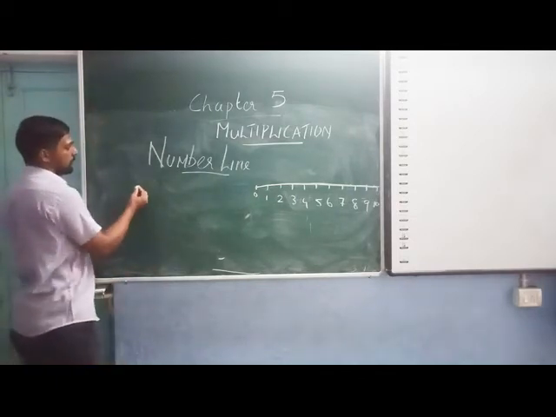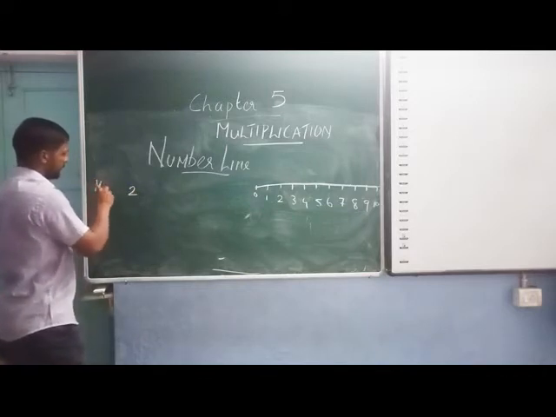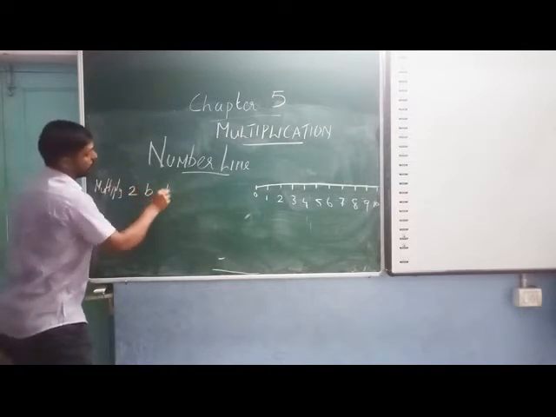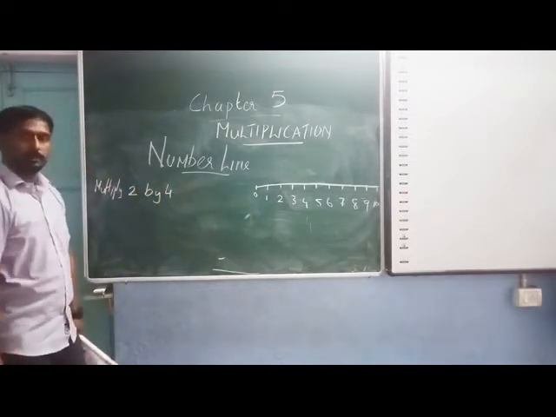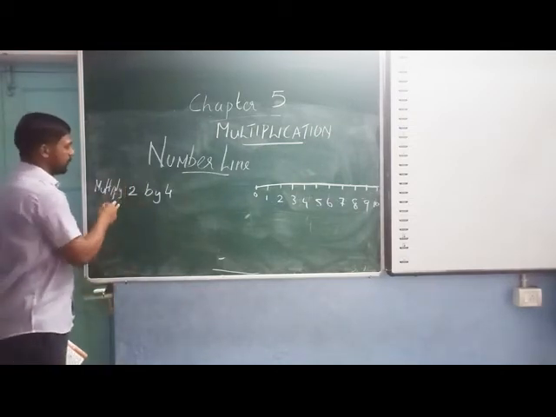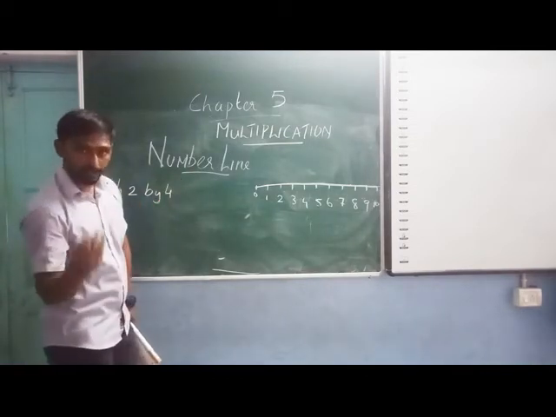First of all, we will multiply 2 by 4. Remember, children, multiplication of 2 by 4 using the number line can be done in two ways.